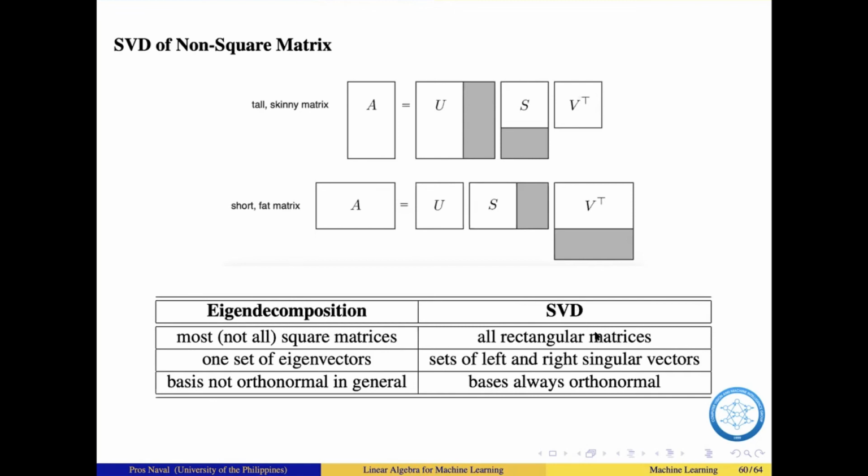So obviously, SVD is better because eigen decomposition cannot even deal with all square matrices. And there's that extra condition, that the matrix has to be square. But for SVD, it's general. It's a rectangular matrix, including square matrices, because squares are rectangles as well.